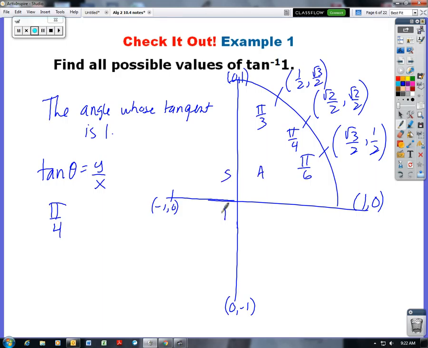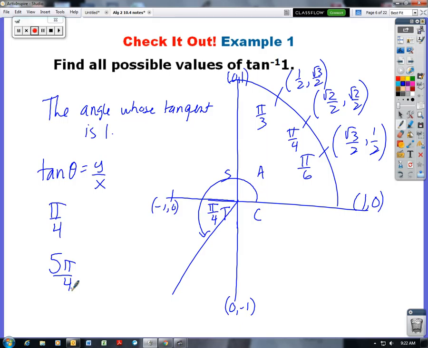All Students Take Classes. So tan is also positive in quadrant 3. So if this reference angle is pi over 4, then if you go to here, that's going to be 5 pi over 4. So 5 pi over 4 is another angle whose tangent is 1.